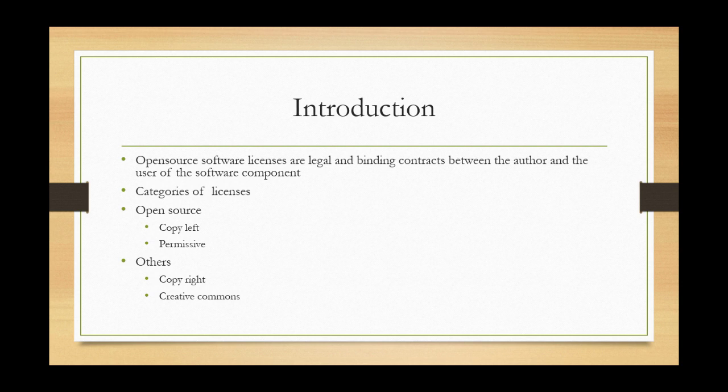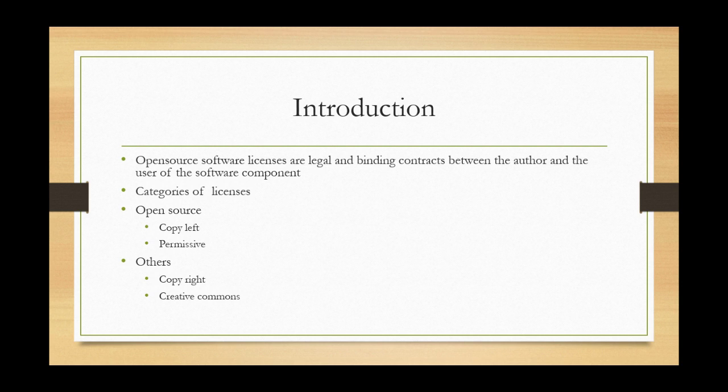So each open source license states what users are permitted to do with the software component, their obligations, and what they cannot do as per terms and conditions. There are a number of categories of these licenses. Some fall under open source licenses and others are not open source licenses.